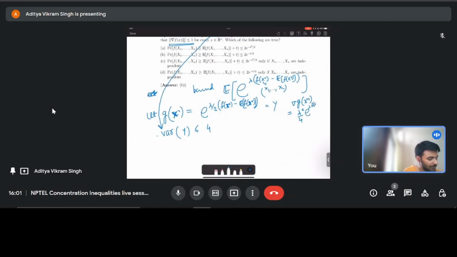It's like f of xn minus the expected value of f of xn, times this grad of x, and then the norm of that.